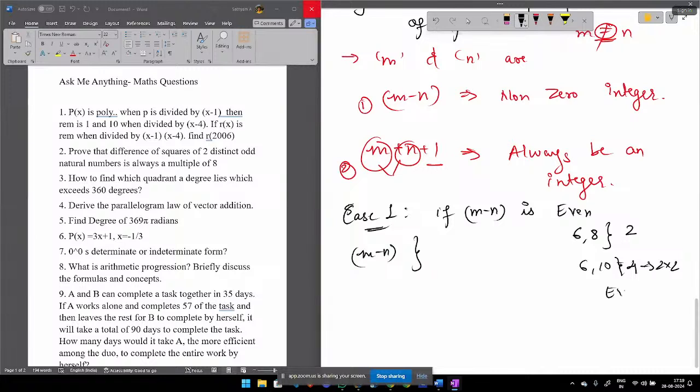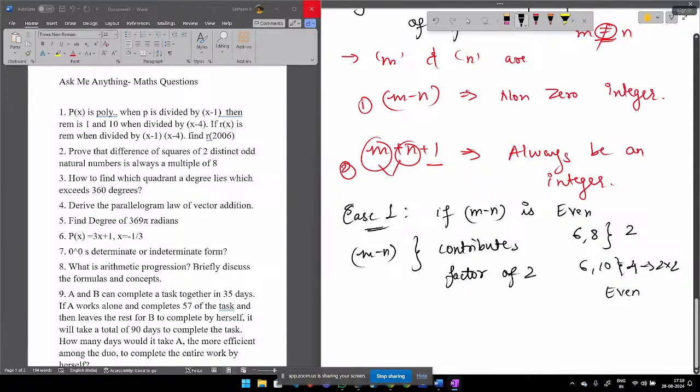So if I take any even number, and if I take a difference of any two even numbers, what would happen? They would always contribute to a factor of 2, है ना. हमेशा दो का फैक्टर कंट्रीब्यूट करेगा वो. So what will happen? m minus n है, it will contribute a factor of 2, right?